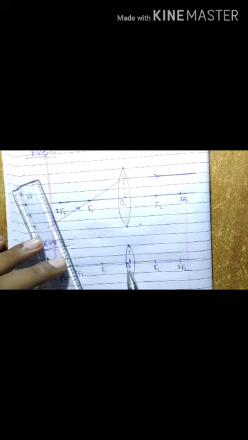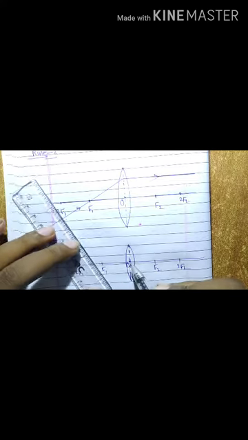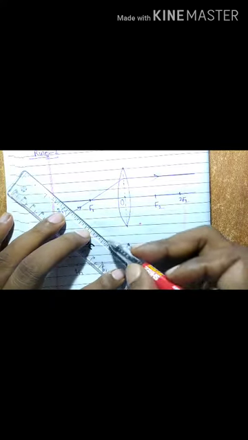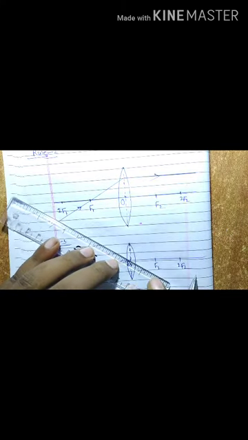So rule number 3 is, when the incident ray passes through the optical center of the lens, it passes without change in its direction. Suppose any ray is passing from, you can take from here also, here also, no problem at all.